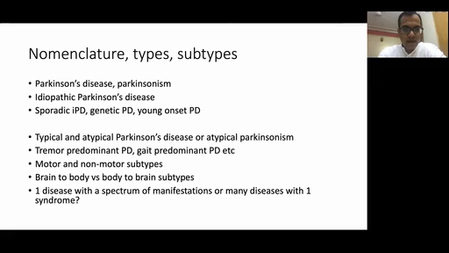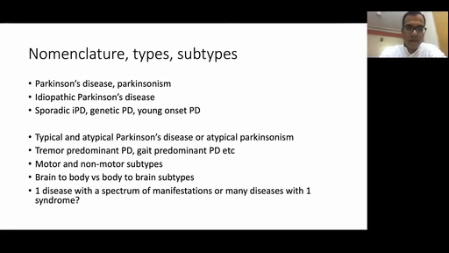Then the patients which do not fit into criteria or diagnosis of idiopathic Parkinson's disease, we call them atypical Parkinson's disease and or atypical Parkinsonism, which is the preferred term, and there are a few differentials in those. Now we can go into subtyping Parkinson's disease, but it doesn't really make a difference. The two large predominant subtypes which we see often are tremor predominant or a gait predominant subtype.